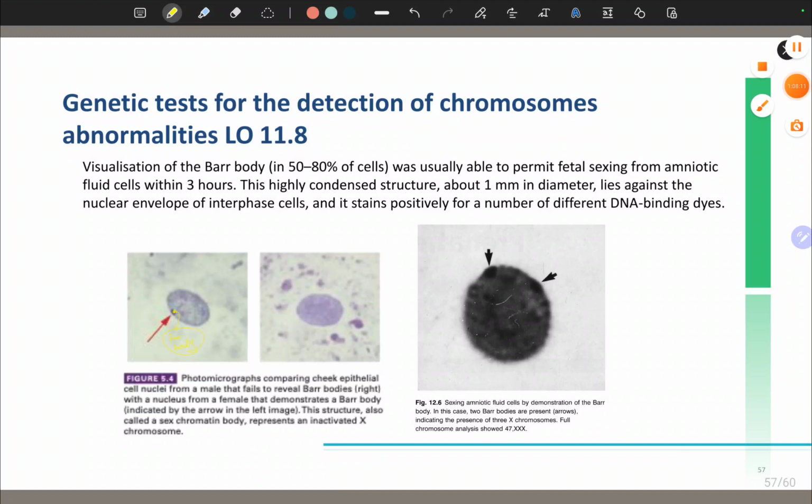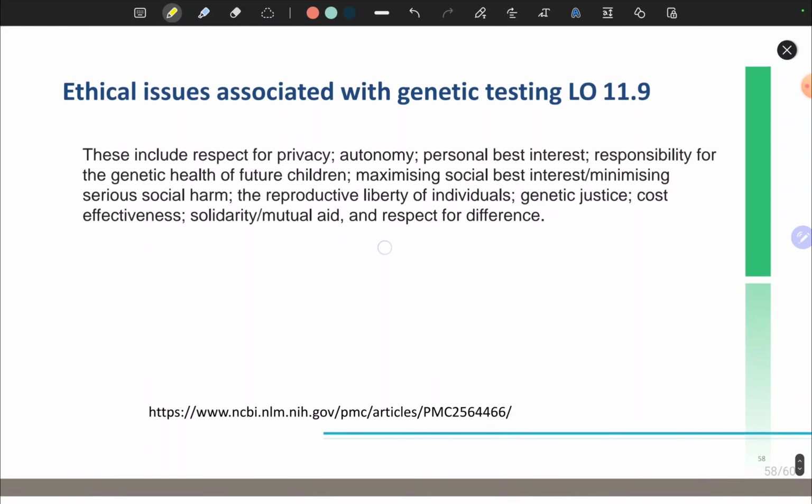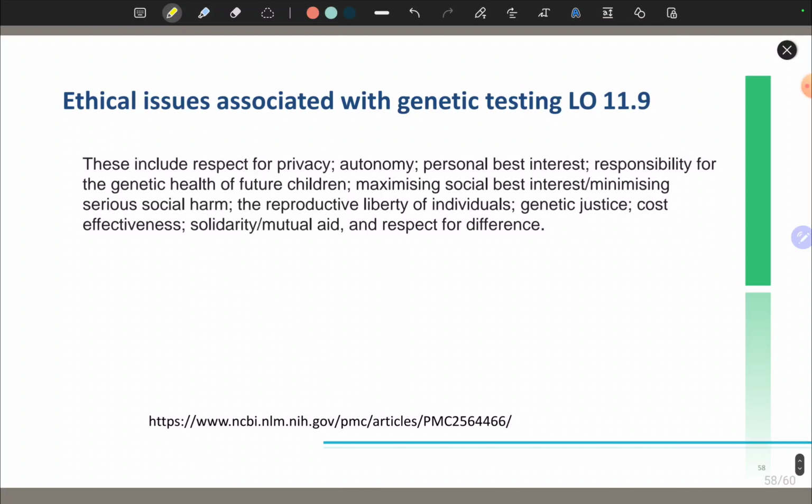If they have two X, say this is a normal female. If they have X and Y, say this is a male. So by karyotyping also we can determine whether this baby is a male or female. The last slide is for you to go and understand.